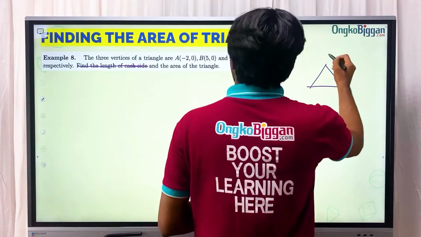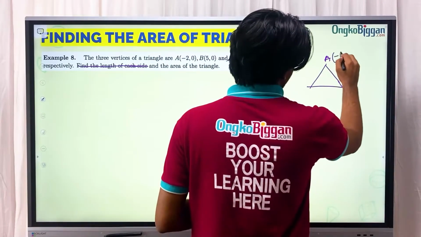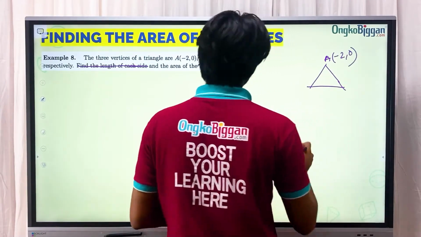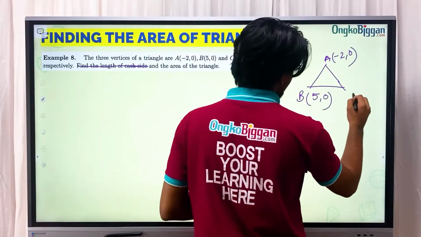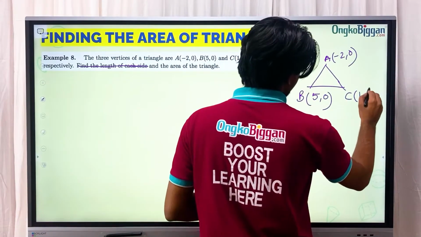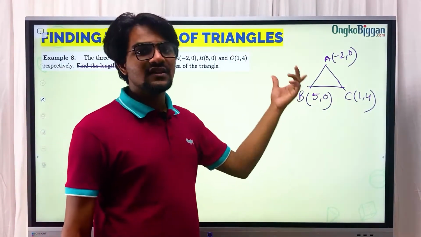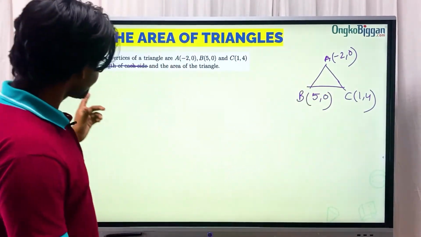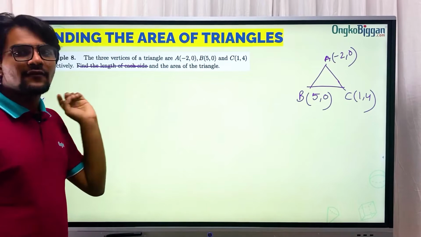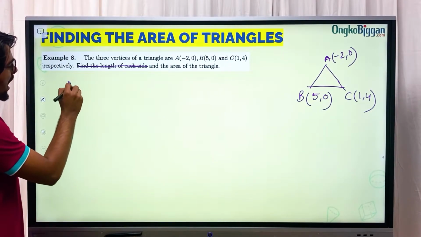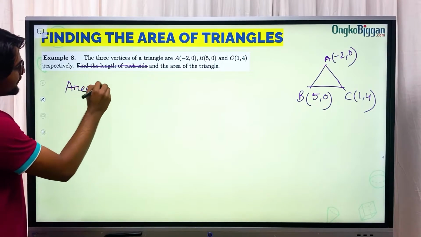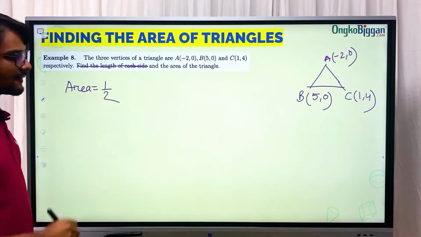A is -2, 0, B is 5, 0, and C is 1, 4. So we got the coordinates of the vertices here. Now we need to directly find the area of the triangle. For that we are first going to write area is equal to half. We're going to need that half.